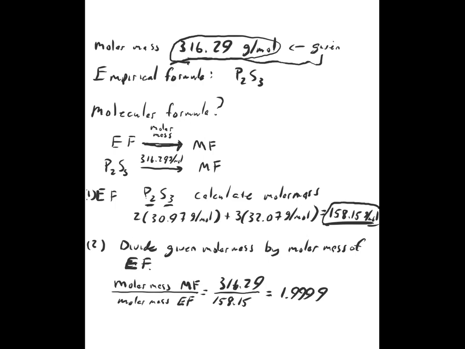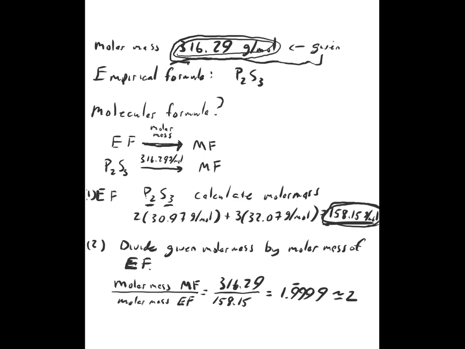Now, let's take a look again. See how that's a 9? That's very close to 2. So we're just going to round that to 2. What that's telling us is that this number here is twice what this number is here. It's 2 times as large. Now let's use some logic. If something is twice as heavy, that means it has twice as many atoms, right?